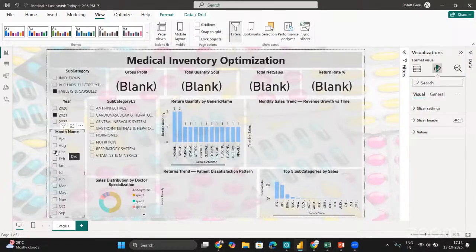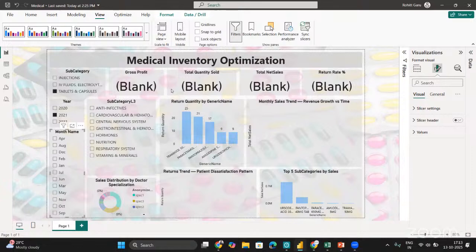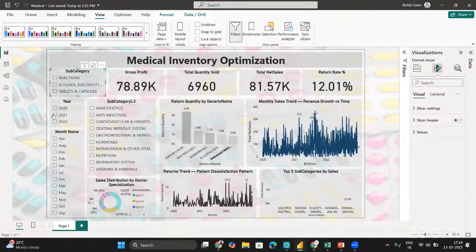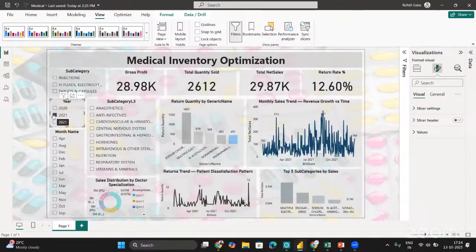If only for 2021, gross profit is 28,980 thousand, total quantity sold is 2,612, total net sales is 29,870,000, and return is 12.60%.